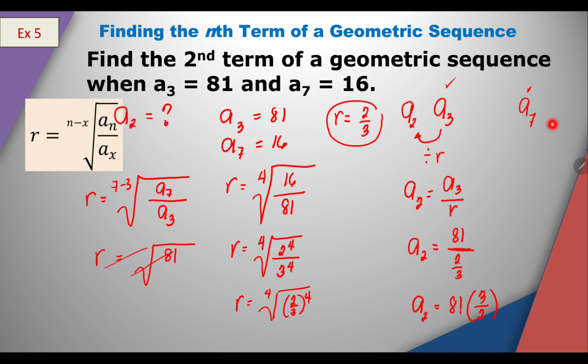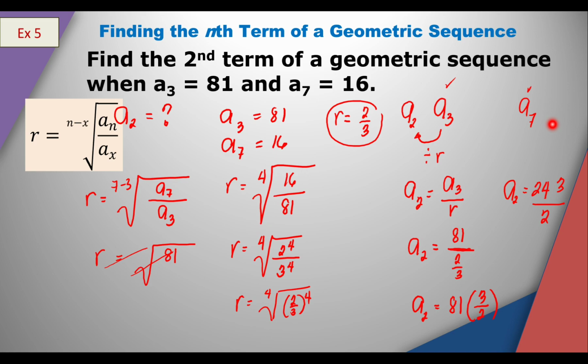But I can multiply 81 by 3. So 81 multiplied by 3, that would be 1 times 3 is equivalent to 3, and then 3 times 8 is 24. So 243 halves. That would be the value of a sub 2.